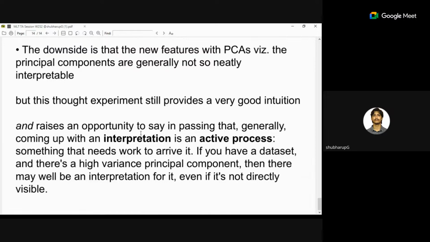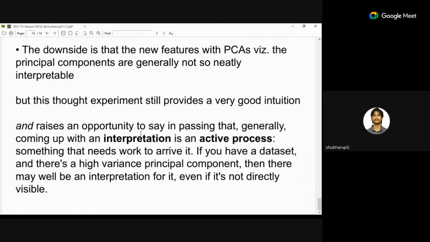And it raises an opportunity to say that interpretation in any domain, not just in machine learning, is an active process. It's sort of imposing an order onto chaos, if you will, imposing an order when there was none. So it needs work. You have to fit things into that mold, and that needs work.